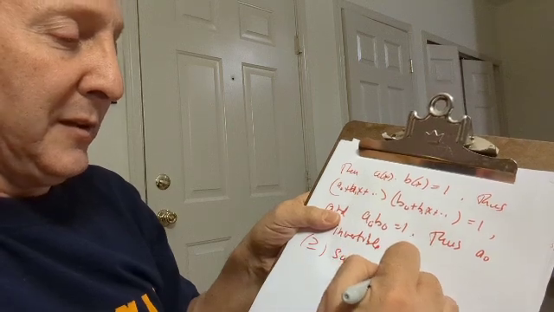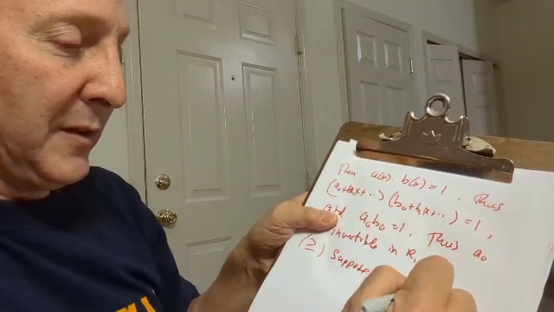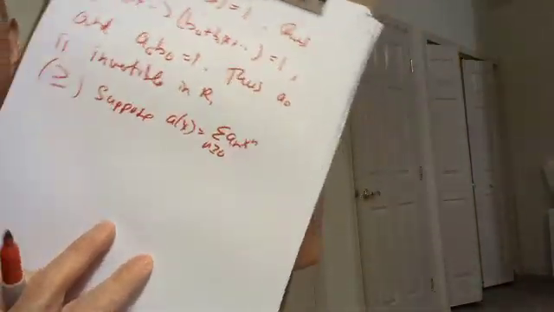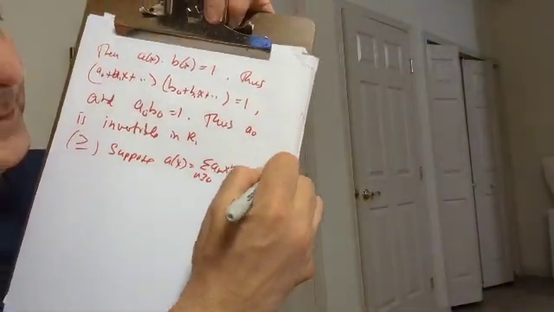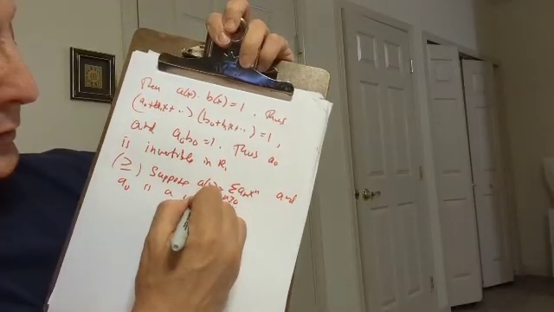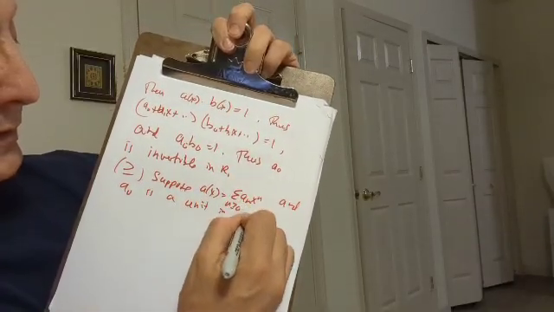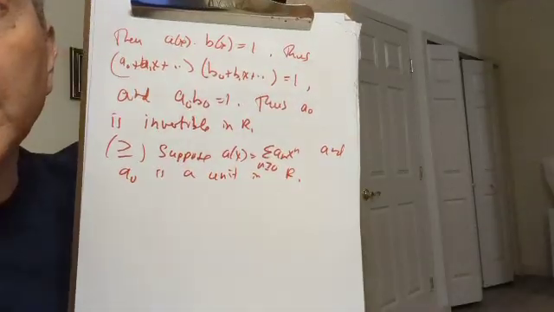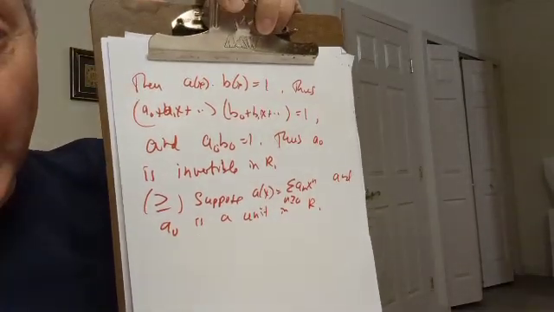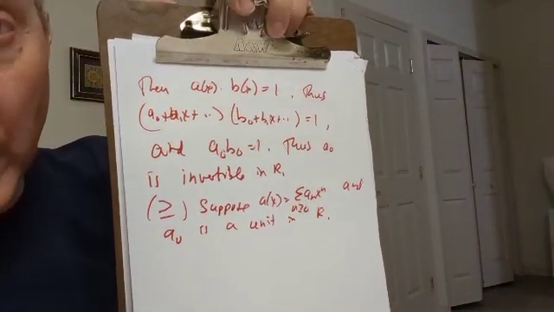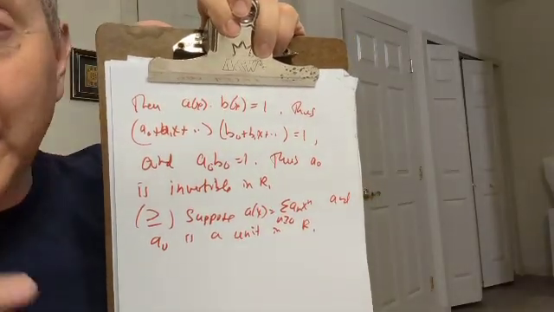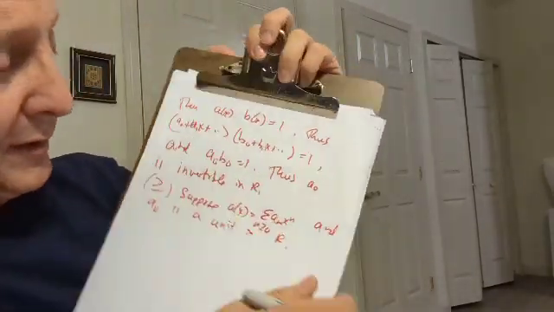So let's suppose A(x) equals the sum of a_n x^n, and a0 is a unit in R. So we've got to find a power series now, b0 plus b1x plus b2x squared plus b3x cubed, etc., that is the inverse of the A power series.